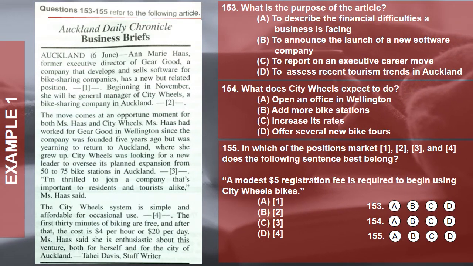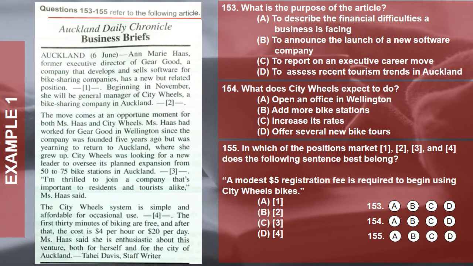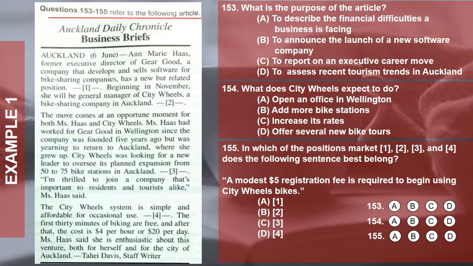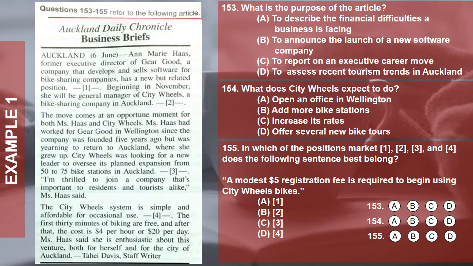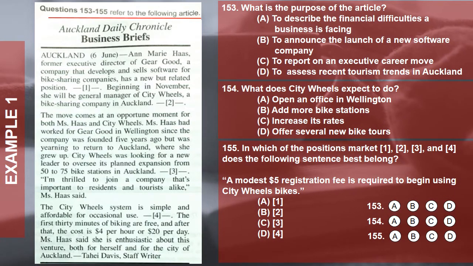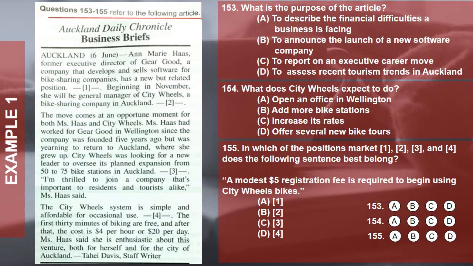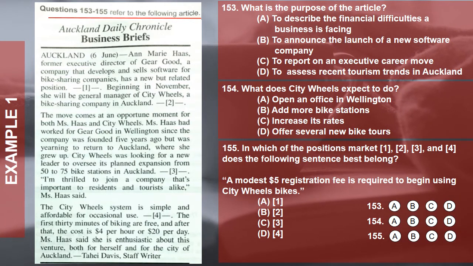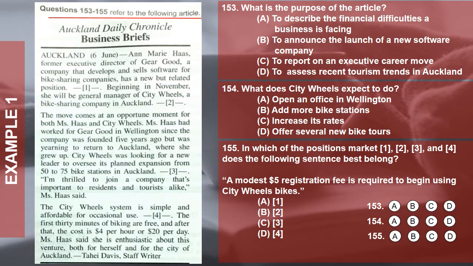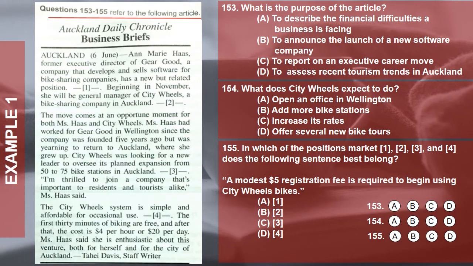Read the headline and the first line to establish the main idea. Auckland, 6th June, Annie Marie Haas, former executive director of Gear Goods, a company that develops and sells software for bike sharing companies, has a new but related position. So we know that it is about a new position someone is going to take.